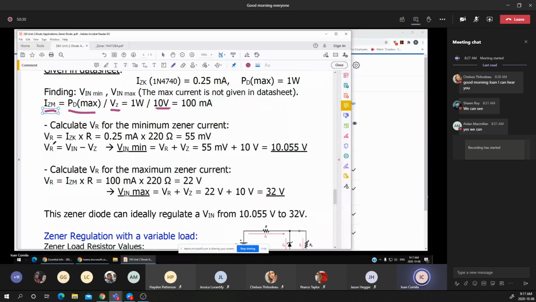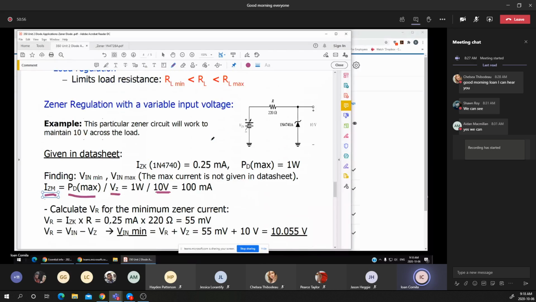For the minimum current that flows through the resistance connected in series with the Zener diode, we take the minimum current multiplied by the given resistance R, which gives you 55 millivolts. Now, I mentioned that we are applying KVL in this loop, which means that V in is the voltage VR plus the VZ.